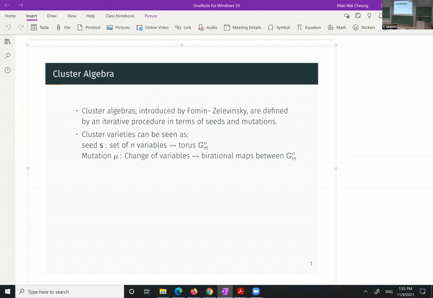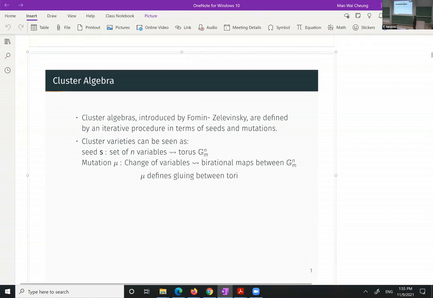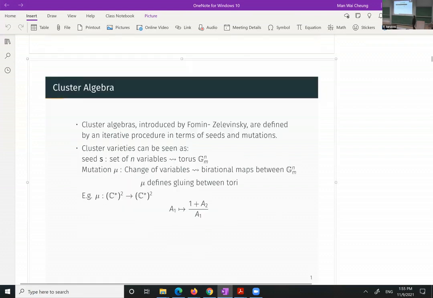The mutation procedure then becomes a birational map between two tori. We glue the tori by this mutation map, and this is how we get the cluster variety, with our favorite A2 example glued from two tori by the mutation map.